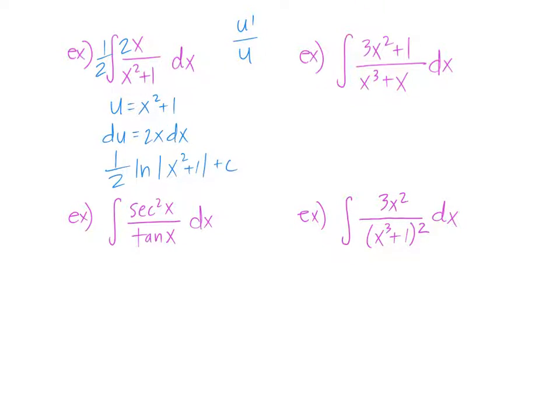Now the formula comes with absolute values around the u. I should have written that on the previous screen. The answer, the integral of u prime over u, is natural log of the absolute value of u. And that's just because you can't log anything that's negative. If you remember the graph of a log, it only exists over on the right-hand side of the graph.